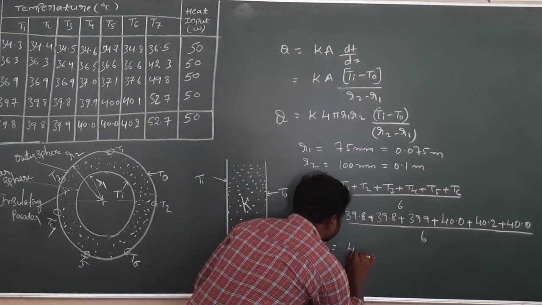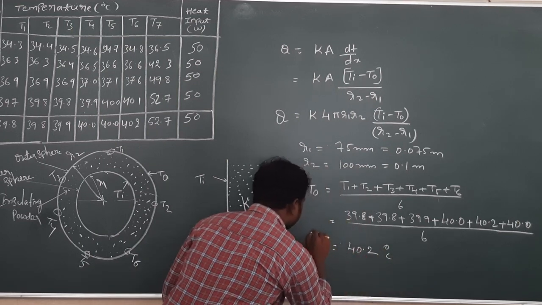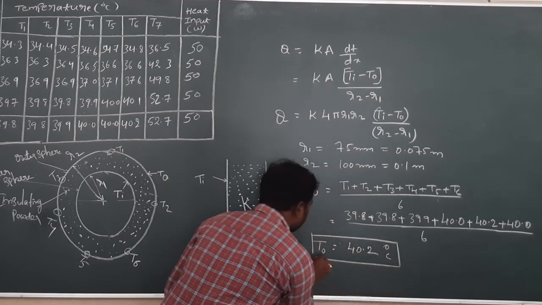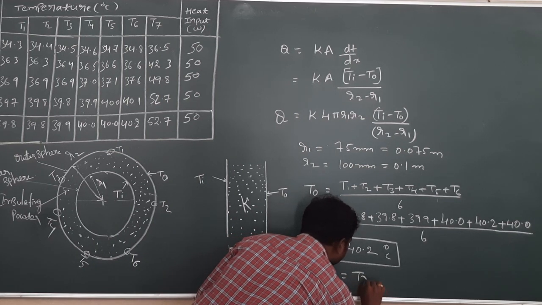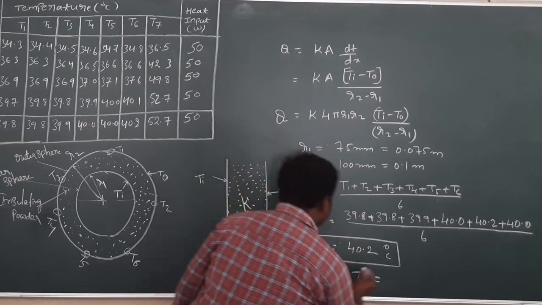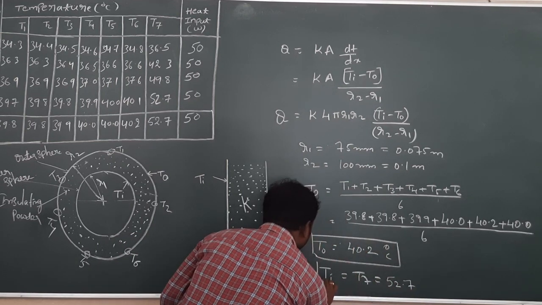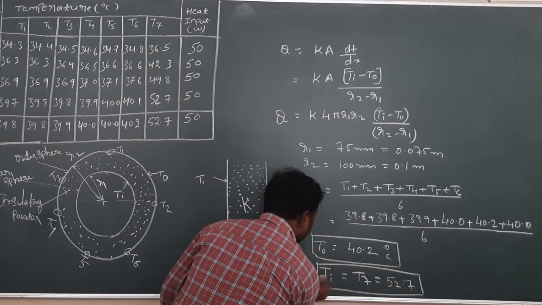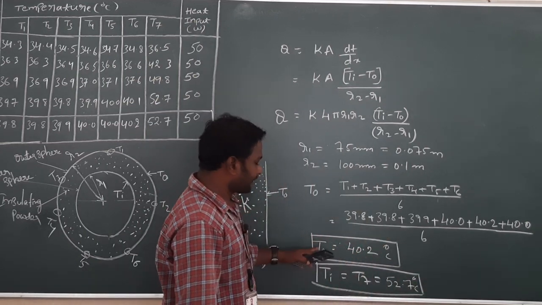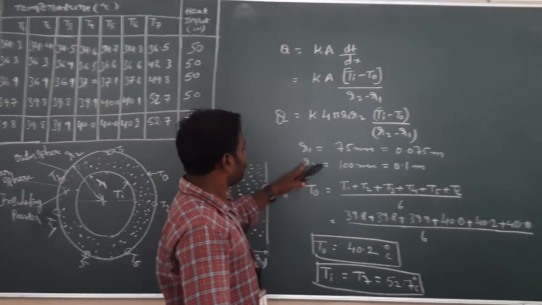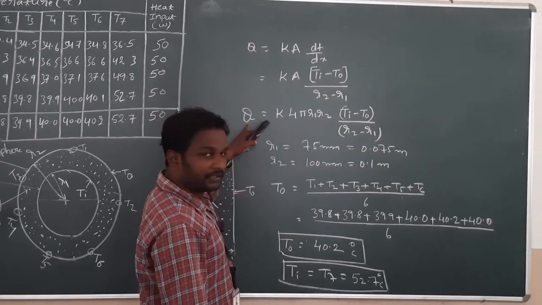Outer surface temperature is 40.2 degrees centigrade, and Ti equal to T7, that is 52.7 degrees centigrade. So substitute all these values, the T naught value, Ti value, radius values and heat input value, in this equation.